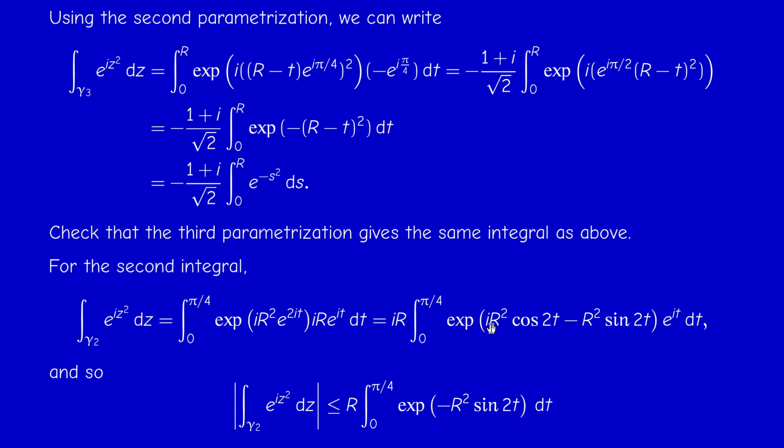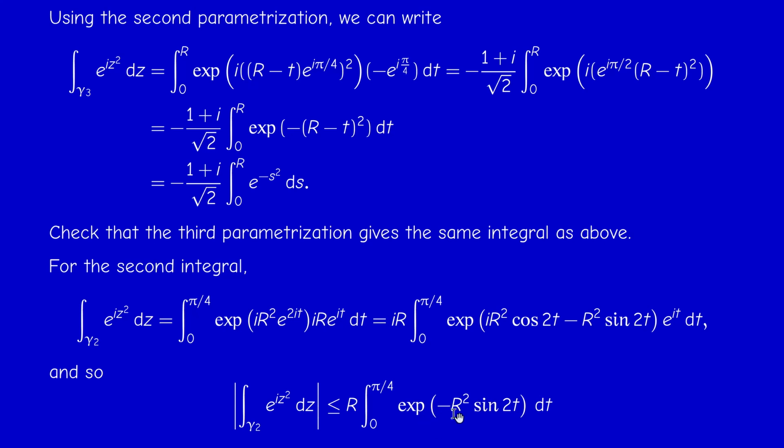I hope you already encountered these kinds of things in a previous course. Otherwise, you will have to review the properties of the exponential. It doesn't matter how you defined it; it's important that you remember its properties. So the modulus of e^(it) is 1, and the modulus of this exponential is e to the minus r squared sine 2t.